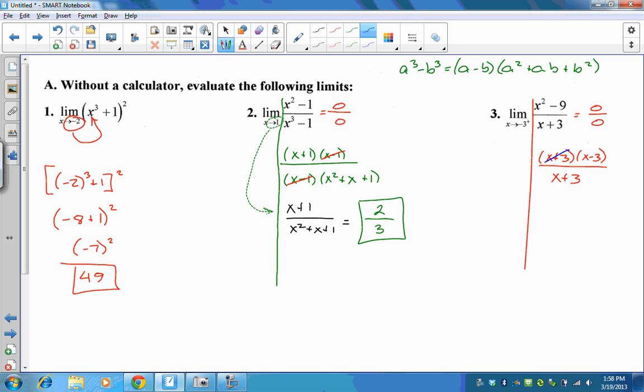I can cancel the x plus 3, leaving only x minus 3. Plugging in -3 for x, -3 minus 3 is -6. Once you can plug in your number without getting a 0 in the denominator, plug it in and there's your answer.